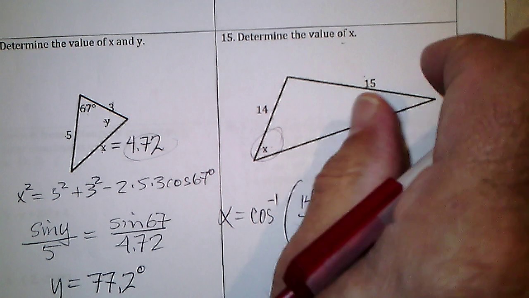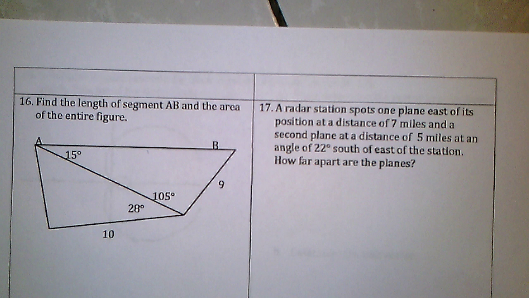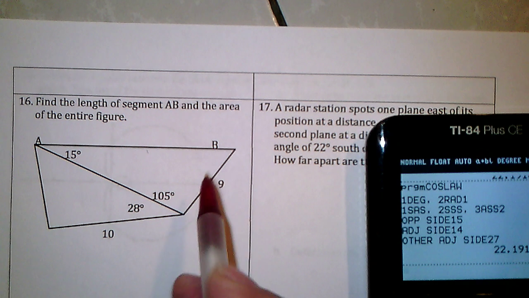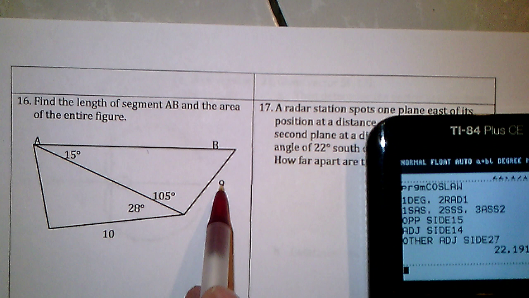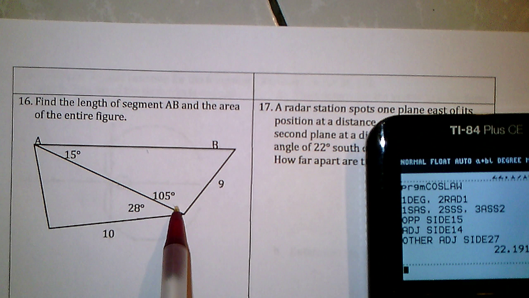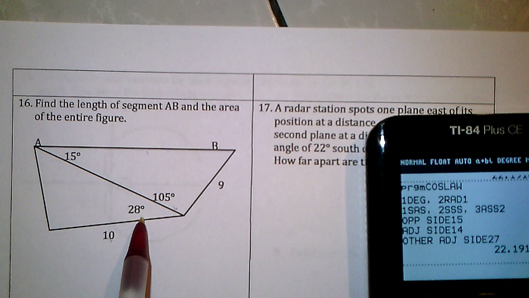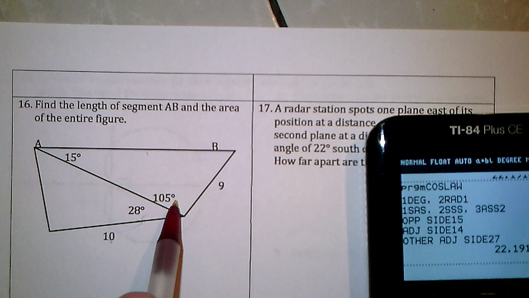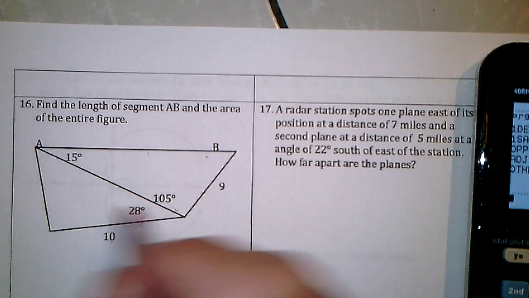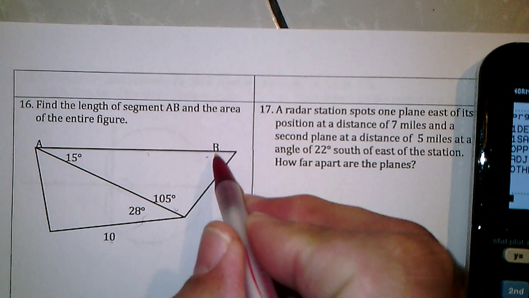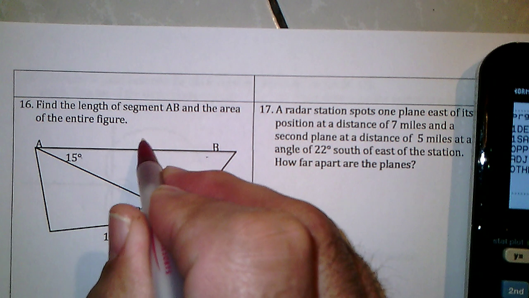Next page. Find the length of segment AB. Well, we have two angles and a side on a triangle. And we have a 10 over here, which doesn't really help us at all. But if we have two angles, we know the third angle, and we should be able to use the law of sines and not have to do anything with this. So, law of sines, and we want AB up here.